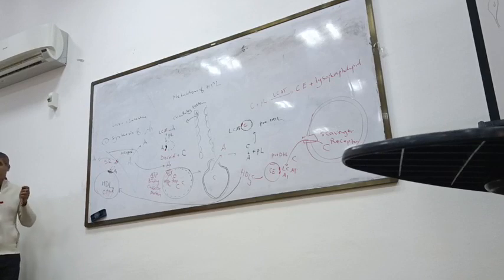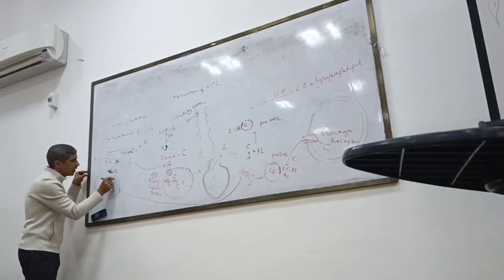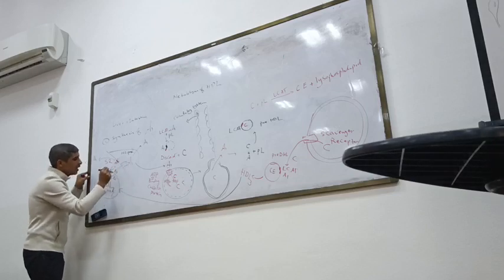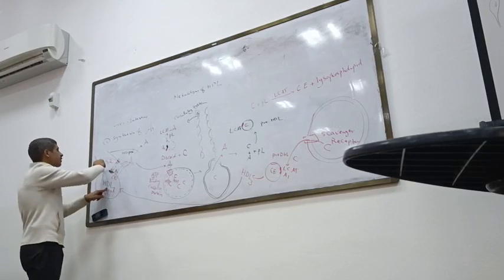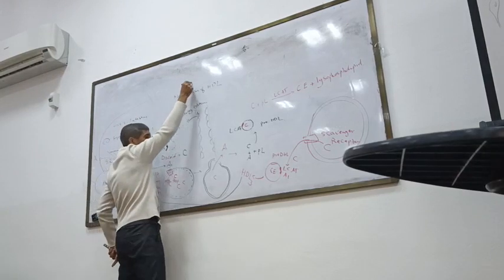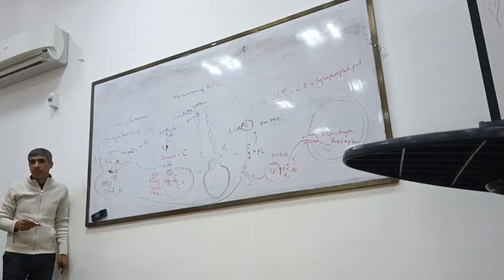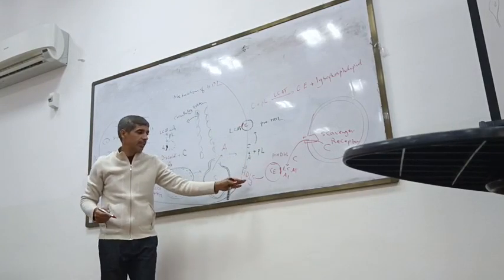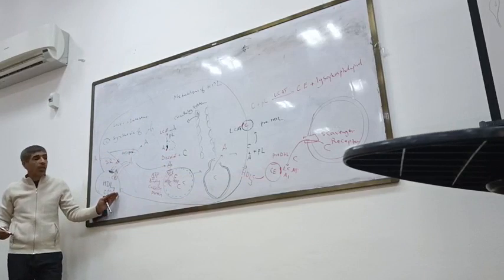Number two, the second possibility: the cholesterol ester will be transported and high density lipoprotein 2 will be converted to high density lipoprotein 3. Again, cholesterol transported, high density lipoprotein 3 converted to high density lipoprotein 2.